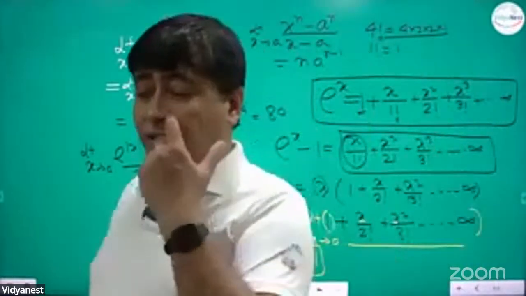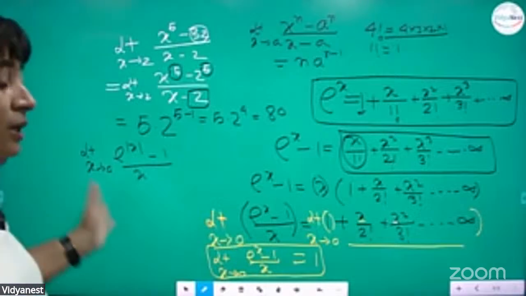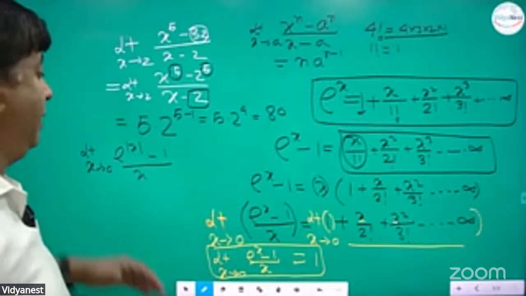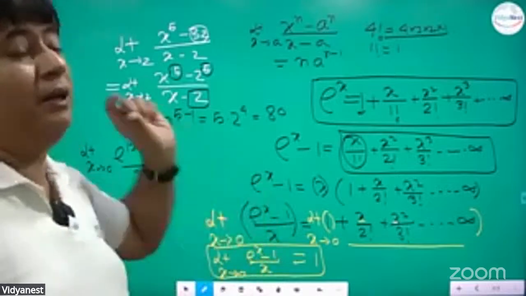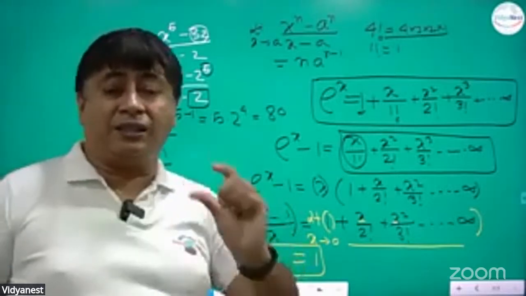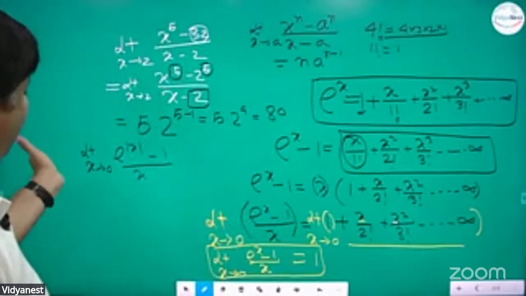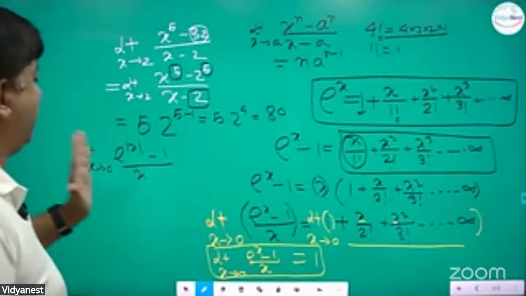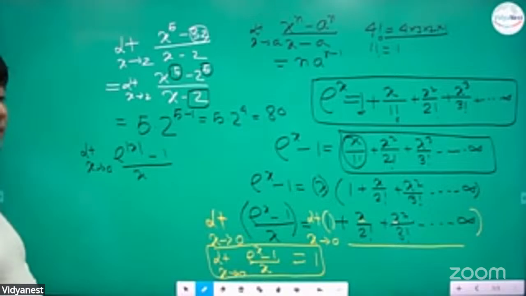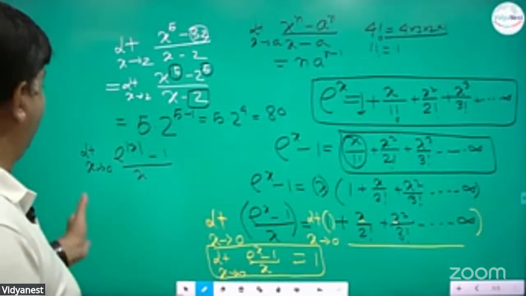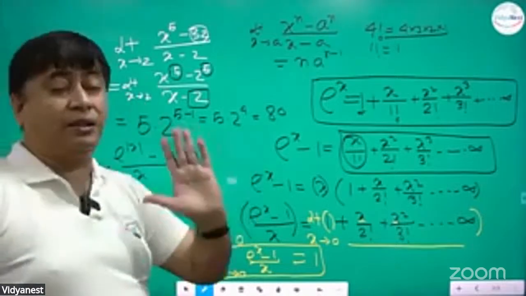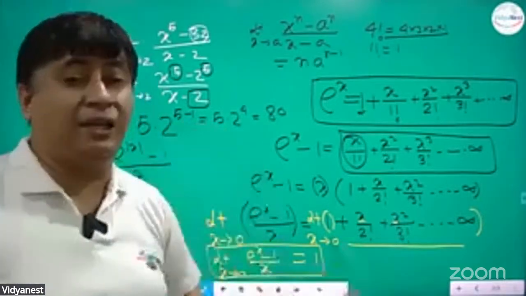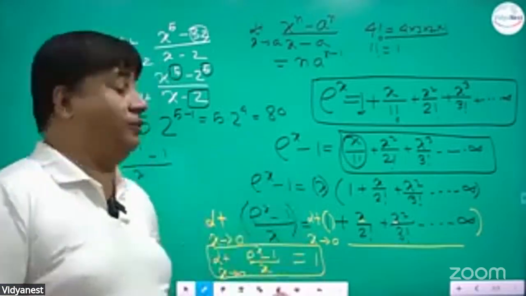Understand? So, I told you a few minutes back, or last day also, once you get mod, then you examine the existence of the limit, so that 0 plus and 0 minus will be considered. Even after examining, if you get left-hand and right-hand limit equal, then the limit will exist, then we'll find its value.